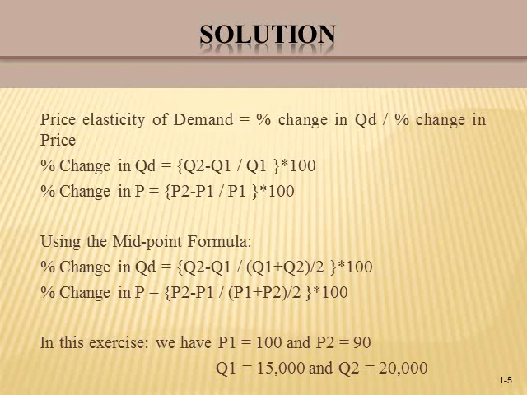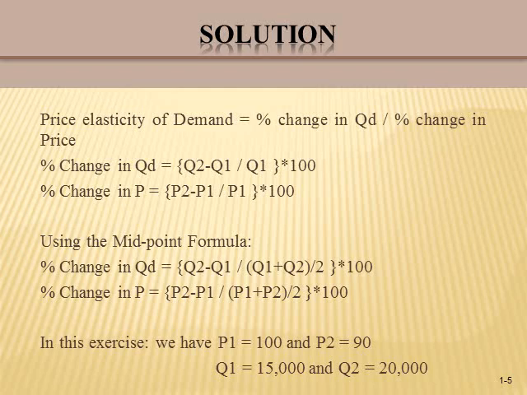Then the percentage change in quantity demanded is equal to Q2 minus Q1 over (Q1 plus Q2) over 2, times 100. The same for the price. The percentage change in price is equal to P2 minus P1 over (P1 plus P2) over 2, times 100.